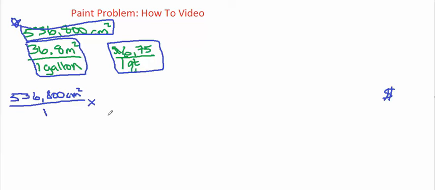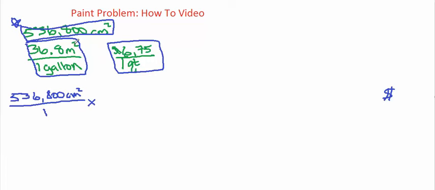So in dimensional analysis, we've got to do some multiplying because multiplying helps us to get rid of units. And so we've got centimeters squared on the top. We need to get rid of that. And as I look at my two other given pieces of information, I notice that neither one of these things has centimeters squared in it. But I do see that there's a meters squared, which is also a unit of area, which centimeters squared is.